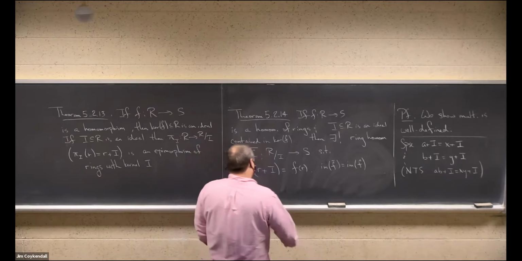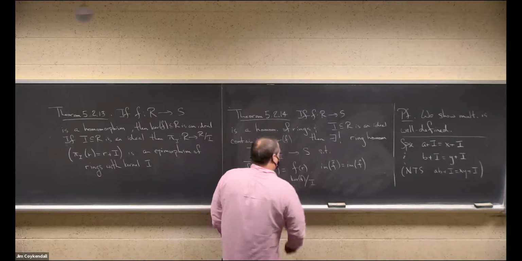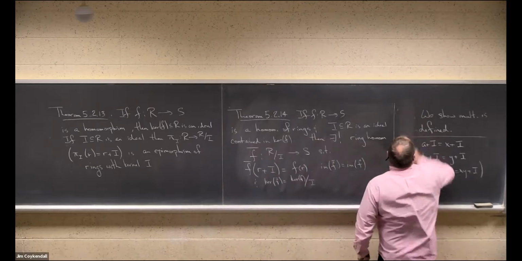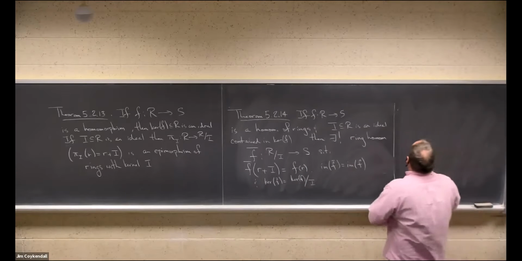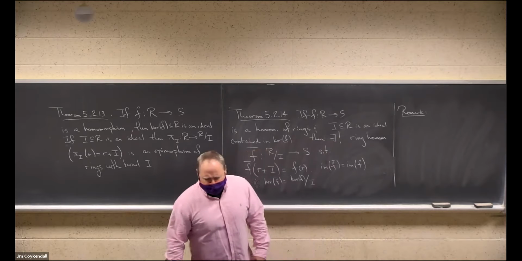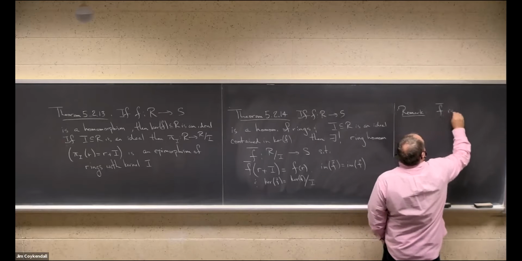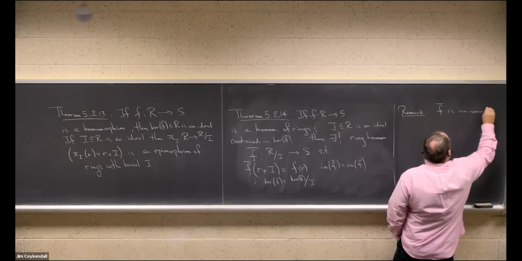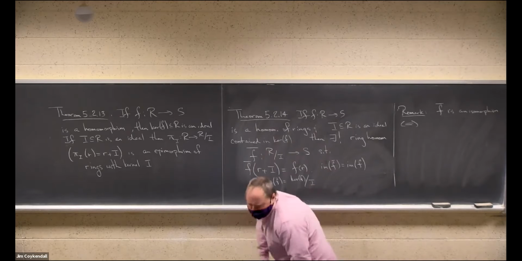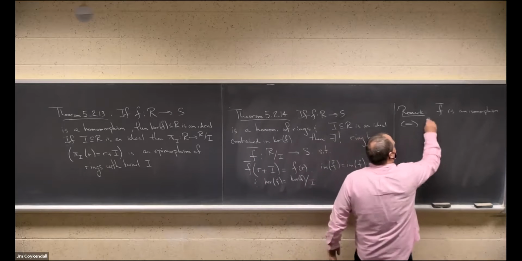And the kernel of F bar is the kernel of F mod I. Given the veracity of the statement of this theorem, let me make a remark: F bar is an isomorphism if and only if, well, we know the image of F bar is the image of F, so that's onto.